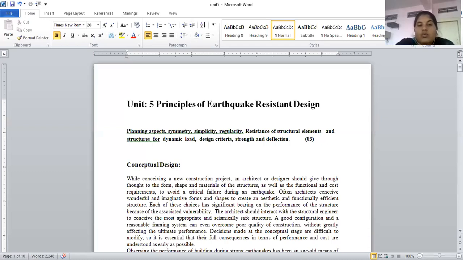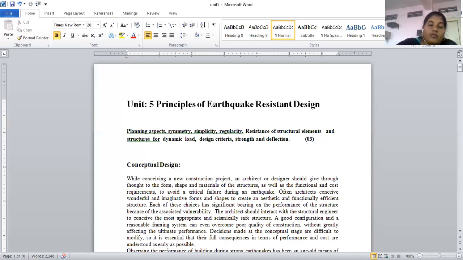Now we have to move towards the importance of the chapter. Just strengthening the structure by adding extra material while designing the components will not minimize the failure risk during earthquake, and therefore care must be taken to avoid structural damage from the conceptual design itself.